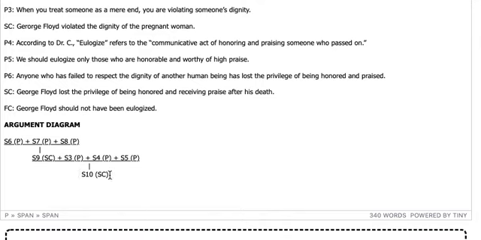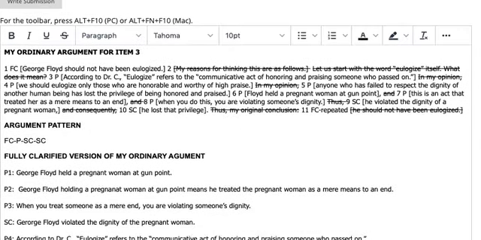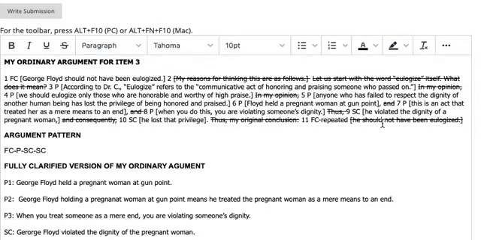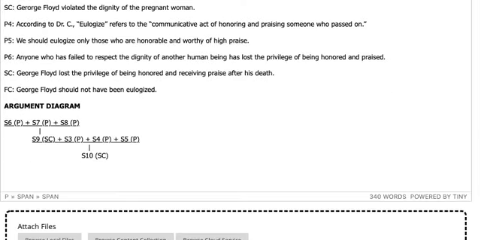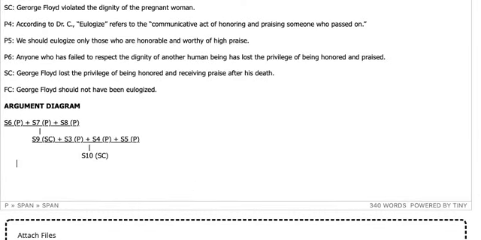All right, we know that this is not the end, so then we have George Floyd should not have been eulogized. Which statement was that? Yes, it was repeated at the end, but we crossed that version out, so we're going to go with the most precise version of the final conclusion. That was statement 1. So then there is no plus.